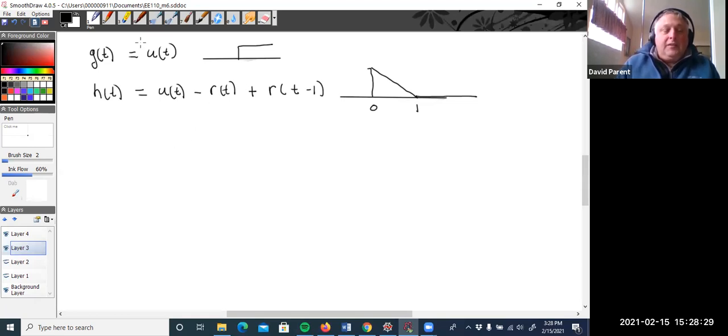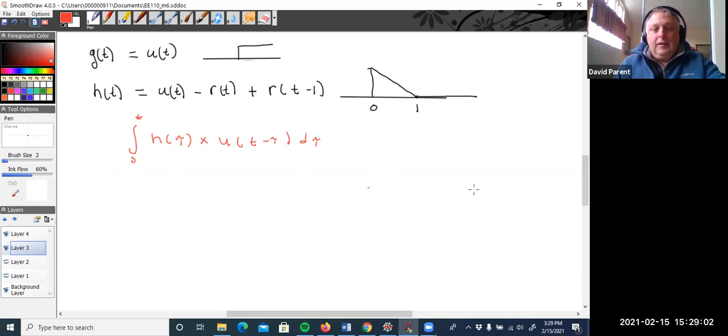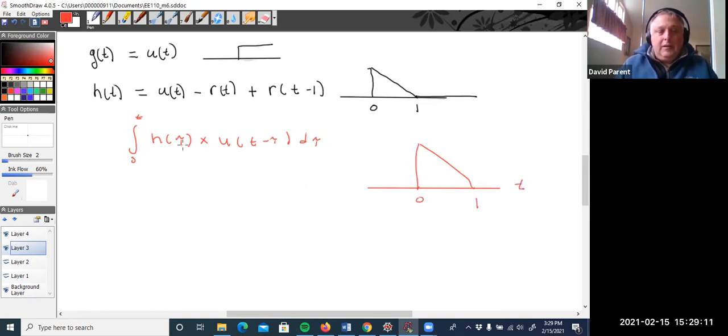So what I like to do is just kind of give a quick look of what things look like. Now, I'm going to do the convolution integral, except I'm going to swap it around a little bit. Reason is now I can draw this the same, right?